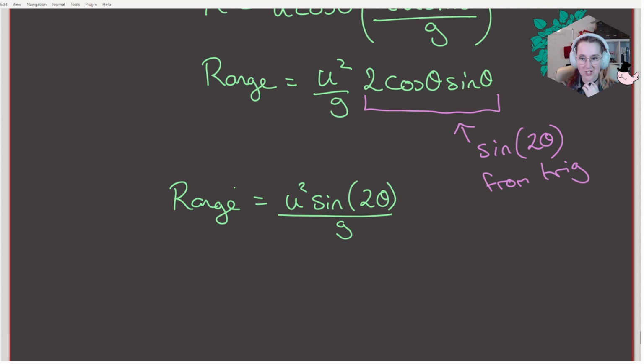And that actually has a maximum. The max range is when theta is 45 degrees.